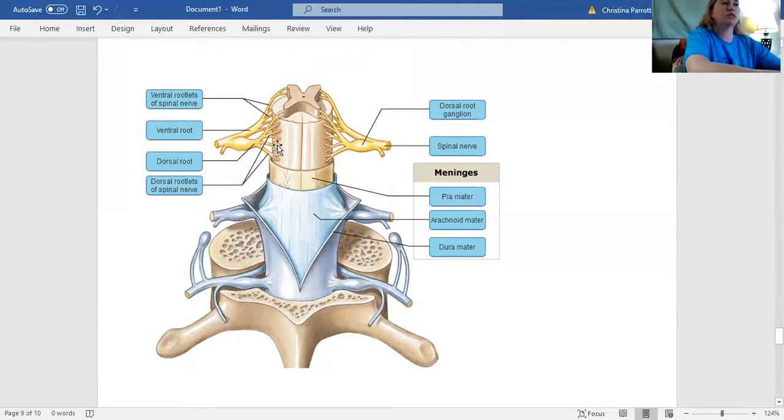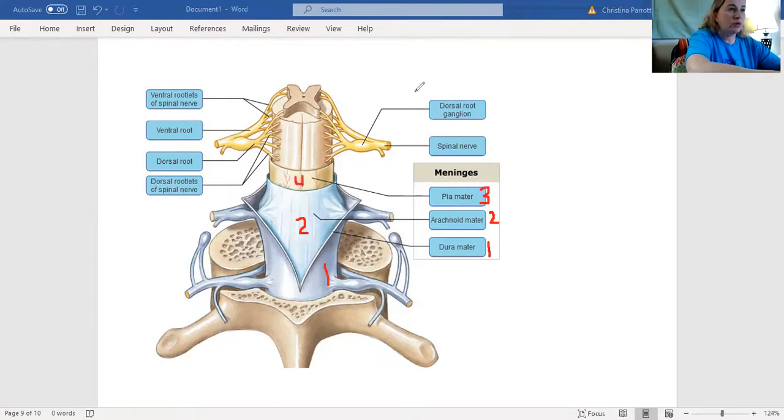Remember, dura mater is tough mother. So the dura mater here is this tough outer layer right here. That's the dura mater. Your arachnoid mater is going to be in the middle. So it looks like a spider webbed structure. And then your pia mater, which means soft mother, is going to be sitting on the very interior.